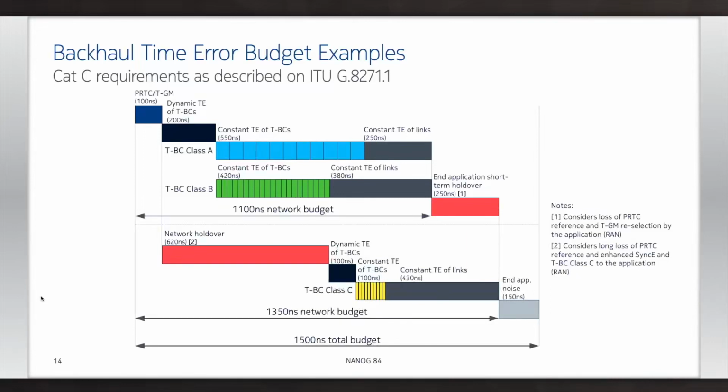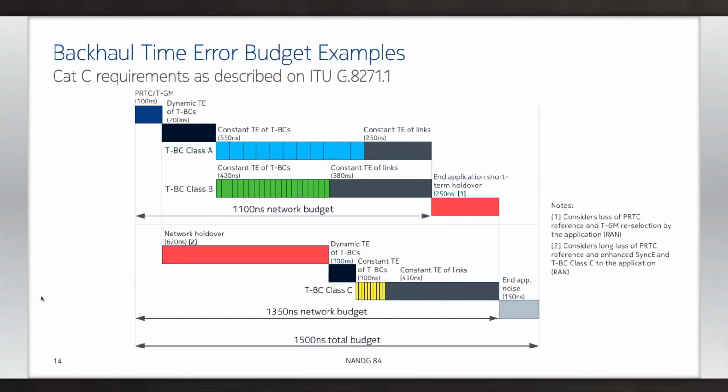In blue, you can have boundary clocks class A, and in green, you can have boundary clocks class B. You can see that class B boundary clocks give you more hops than the class A boundary clocks. That's the effect of those different classes of boundary clocks. The more accurate your boundary clock is, the more hops you're able to traverse without going over the budget.